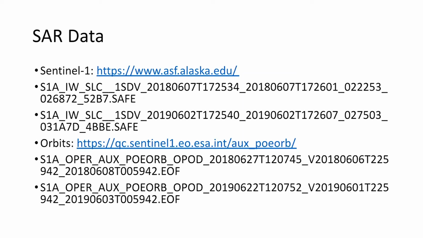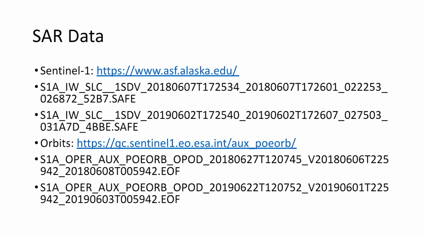The first step is downloading the data. I downloaded the Sentinel data from the Alaska Satellite Facility because it's much faster than the Sentinel data hub. These are the two Sentinel data I downloaded.